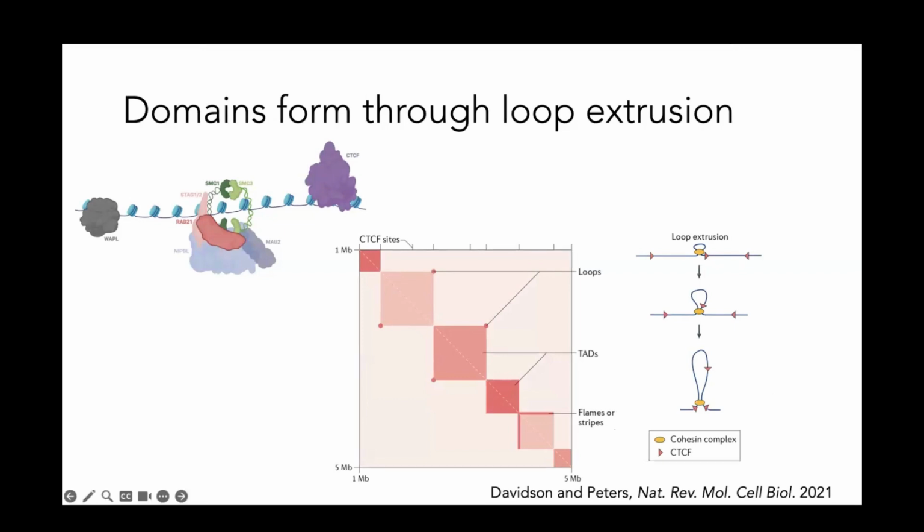This process has been observed in vitro using purified subunits. It hasn't been directly observed with microscopic methods in vivo, but there's a significant amount of evidence that would support that this is one of the major mechanisms for how these domains form.